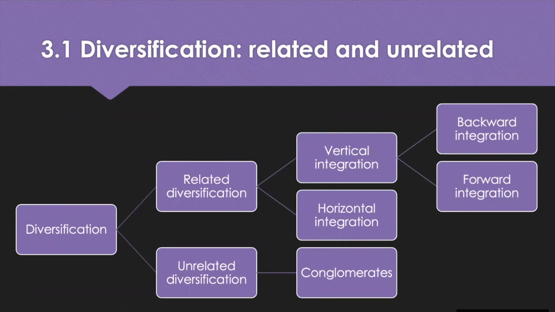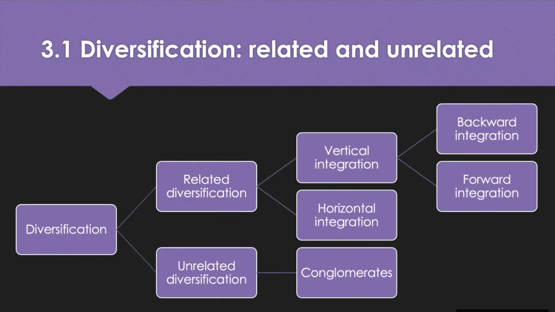It can be vertical or horizontal, backward or forward. I'll show you this visually in a second, but vertical integration is achieved when an organization's strategy is to acquire companies that supply inputs, such as the raw materials, or outputs, such as the distribution. Vertical integration can take the form of either backward or forward.